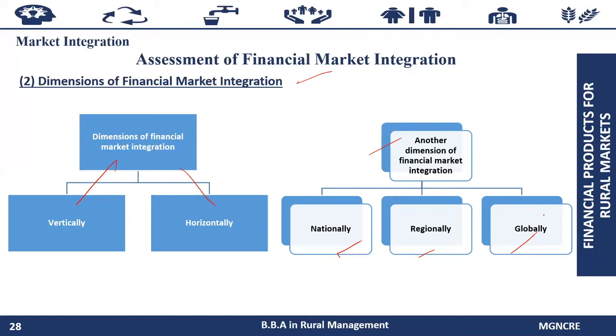And global integration refers to opening of the domestic market as well as institutions to free cross-border capital flow and financial services through removal of barriers like control of capital and withholding tax.